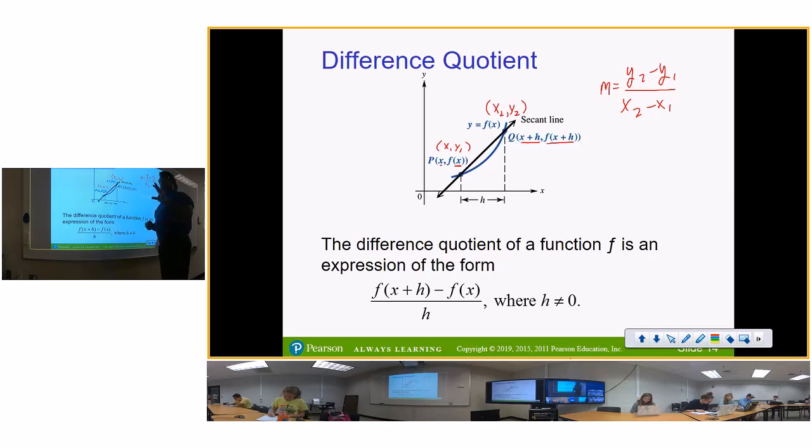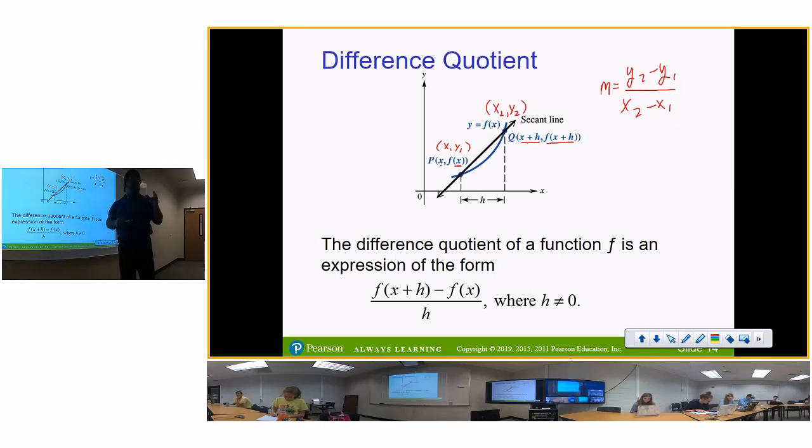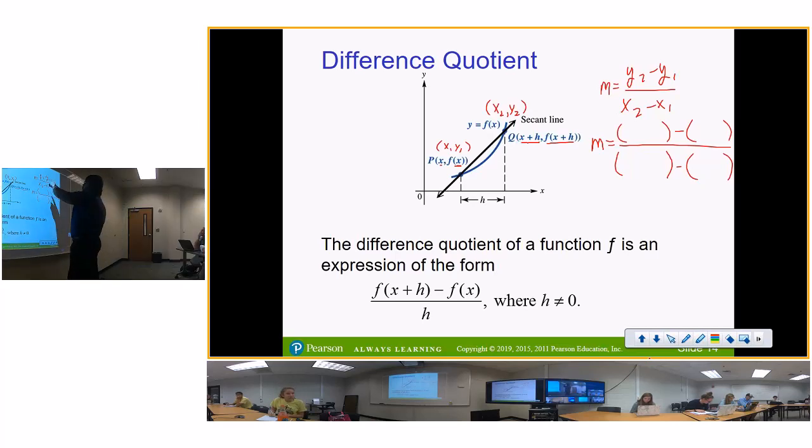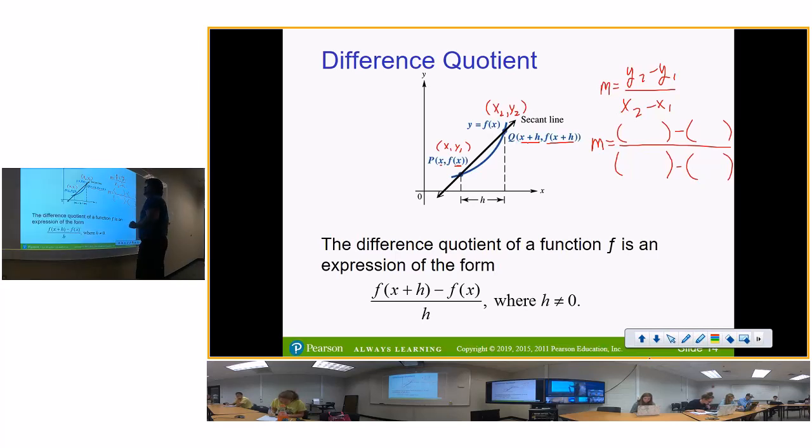Now I'm going to give you a little bit of a look into calculus here, okay? You got to think out of the box. I'm going to show you this because some of y'all are heading toward it. m is equal to parentheses minus parentheses over parentheses minus parentheses. Again, I use parentheses when I'm plugging in. What is my y sub 2?